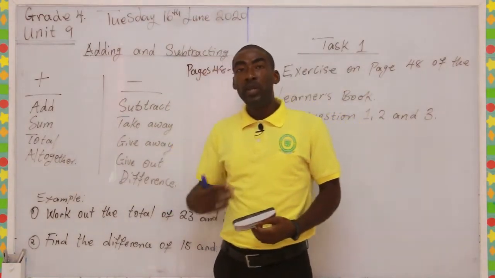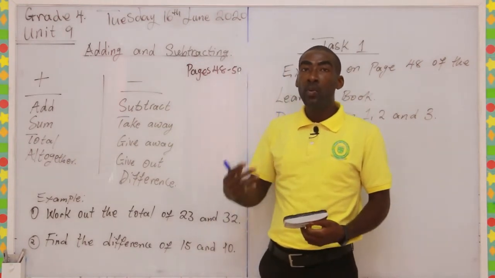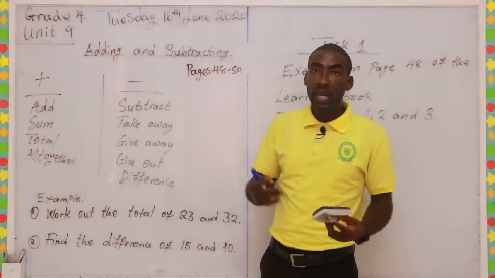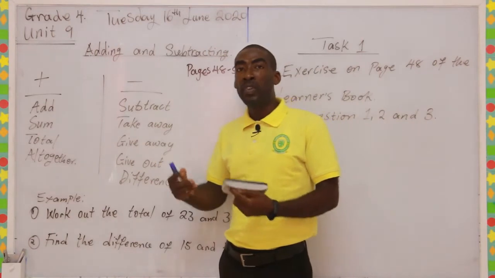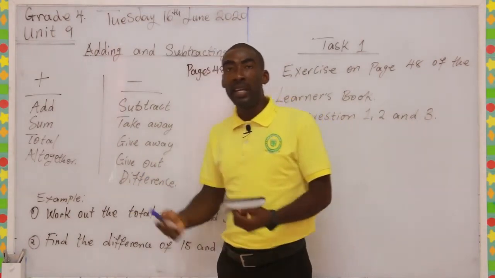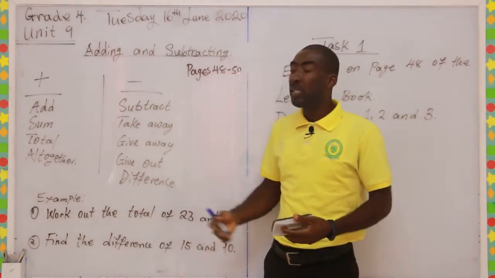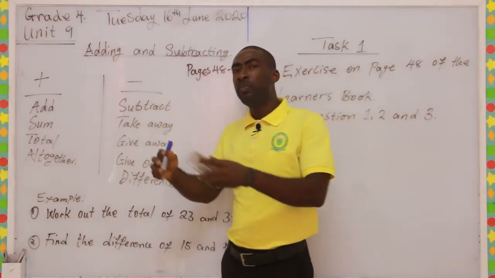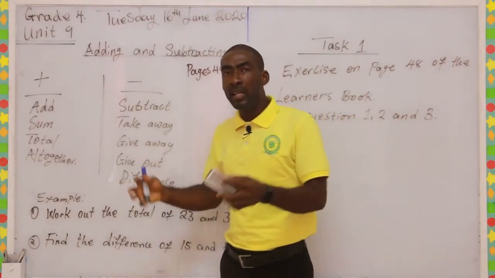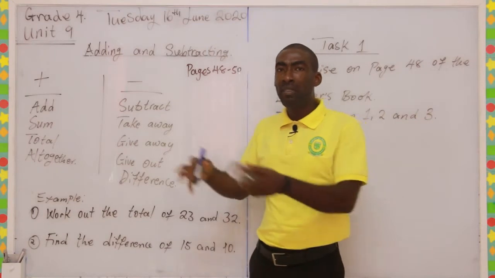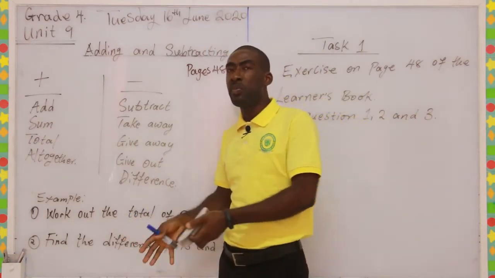Total. When you hear total in a word problem, John had a total of a certain amount of eggs or bananas or mangoes, it means that there were groups of mangoes that he has to put together to get that final figure that is mentioned.